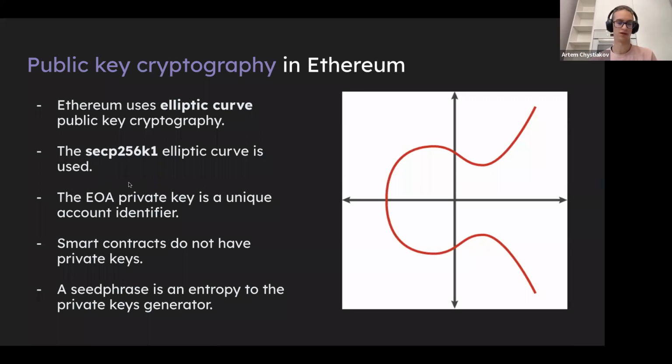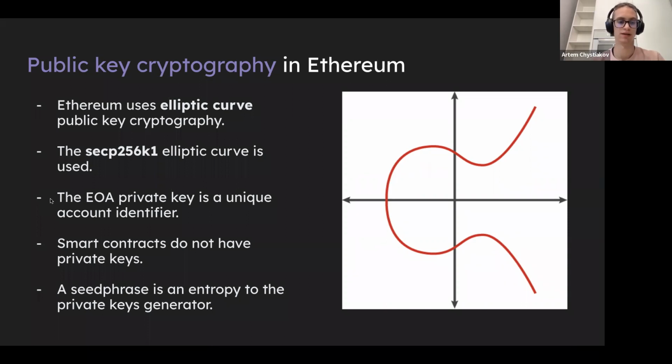So what I mean here is every user that Ethereum has, every externally owned account, has its own private key. And there is a relation between the private key of the account and the public key of the account that is used to actually identify the account.